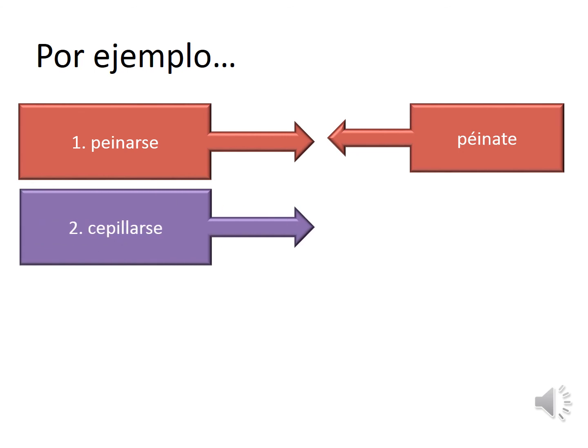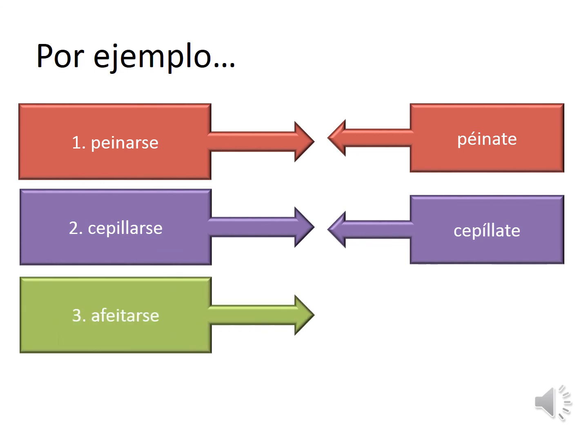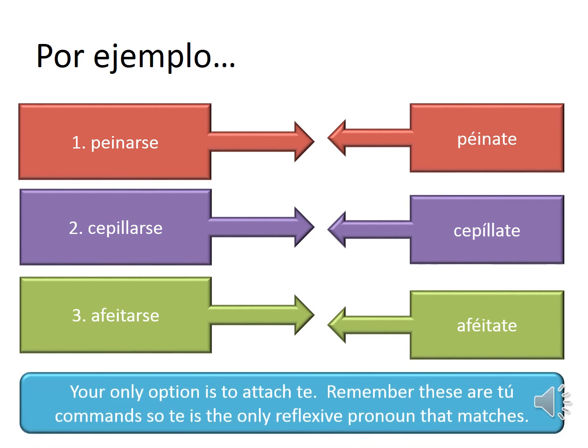Cepillarse becomes cepíllate. That follows our 3 vowel rule. And afeitarse becomes aféitate. Again, that breaks the rule. If you look at peinarse and afeitarse, it's the ei combination that causes the problem. Note that we attach te to all of these. That's our only option because when we're talking about tú commands, te matches tú.